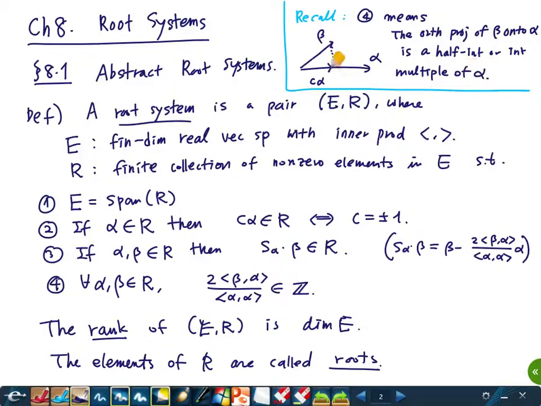So in this case, let's say this is half of alpha, then it is fine. And of course, if we project alpha onto beta, in this case, this is the projection of alpha, and it's just an integer multiple of beta, so this is okay. Basically, this last condition says this, the geometric meaning of that.